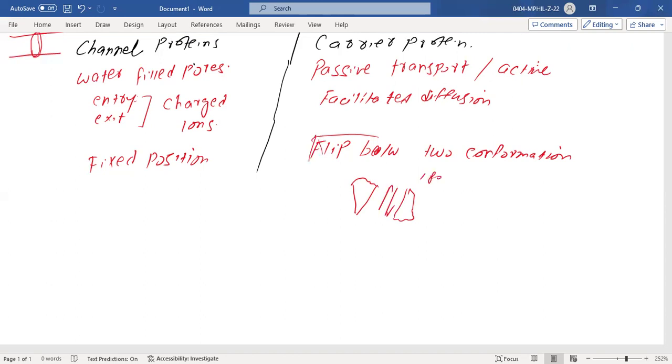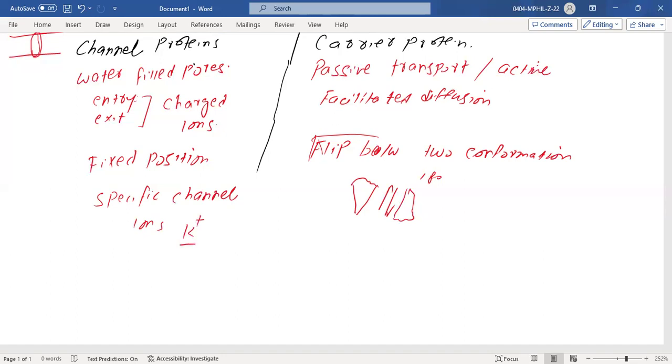On the other side, each channel protein is specific for each ion. Remember, these are specific channels. What do you mean by specific channels? It means that if one channel is capable of transporting potassium, it will not transport sodium.